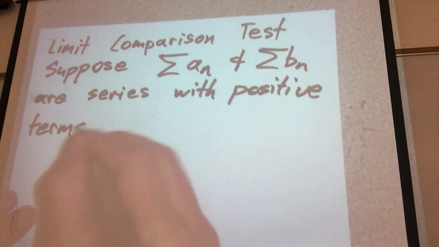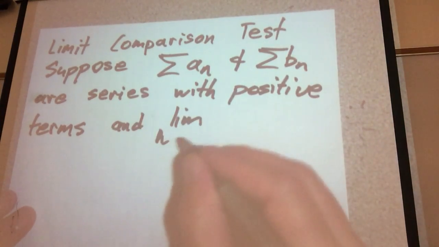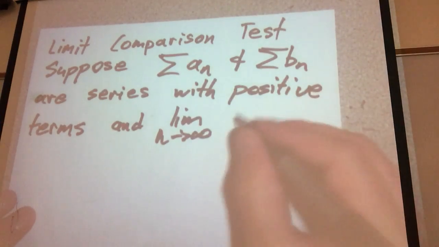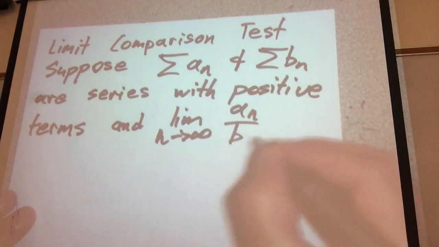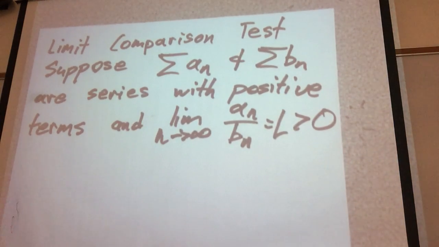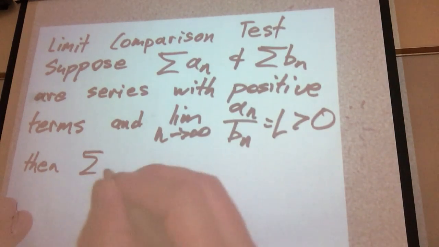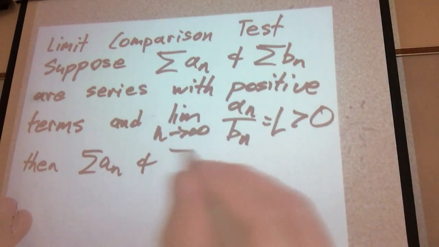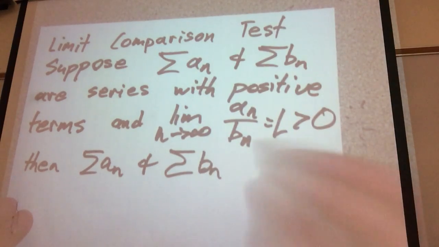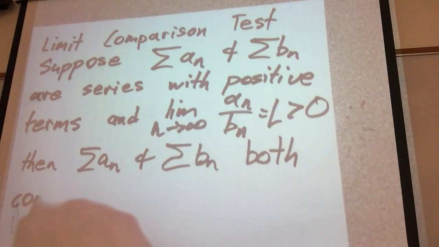Right, and the limit as n tends towards infinity of a sub n divided by b sub n equals some L, which is greater than 0, okay? So if you can get the limit of that ratio to approach a number, then the sum of a sub n and the sum of b sub n both converge or both diverge.